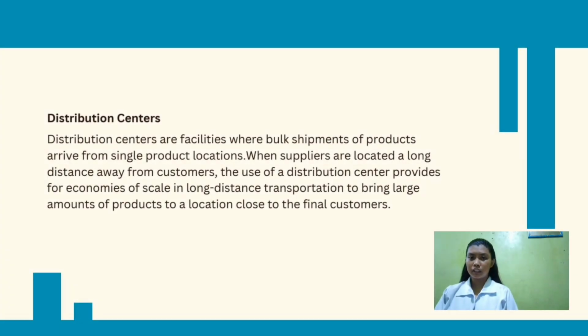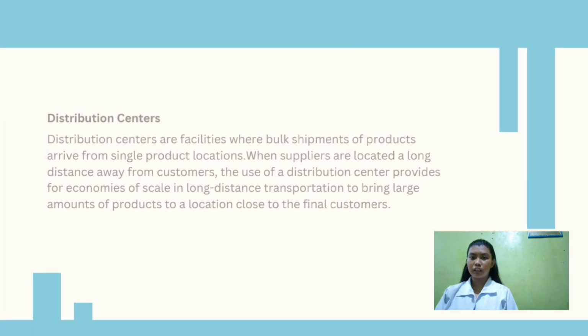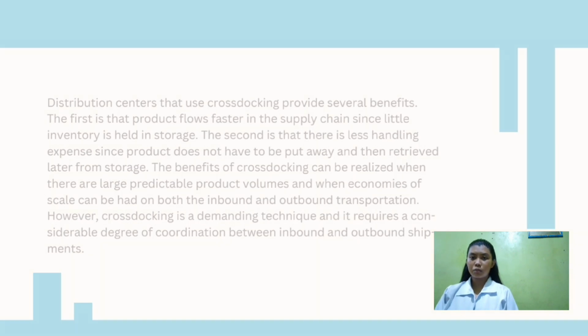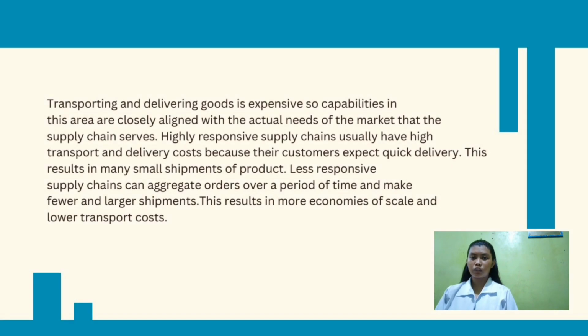This is a facility or location where products are sorted, stored, and consolidated before being distributed to various stores or destinations. The distribution center plays a crucial role in supply chain management to ensure that products are delivered to their destination efficiently and effectively.